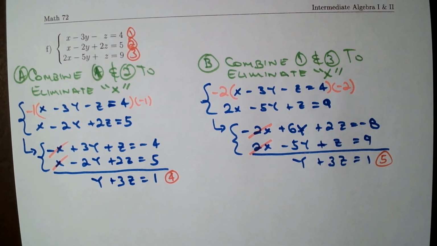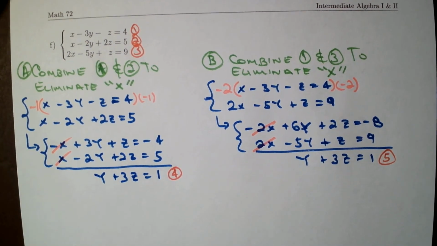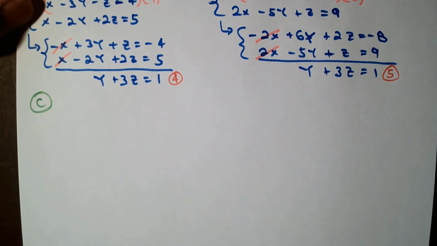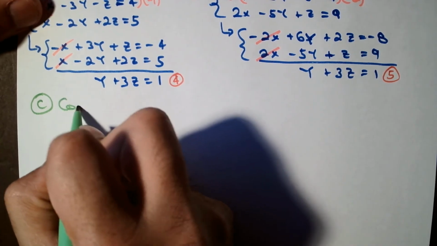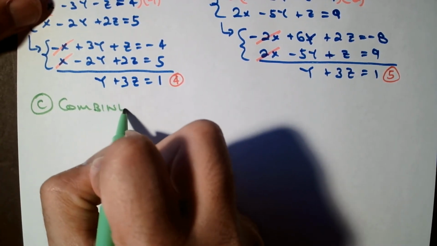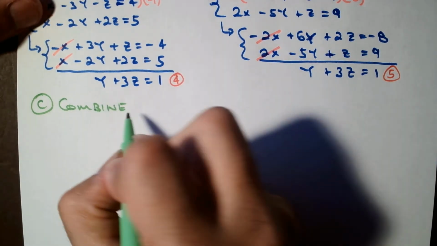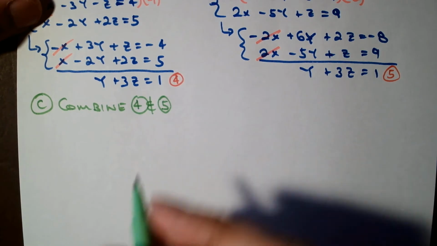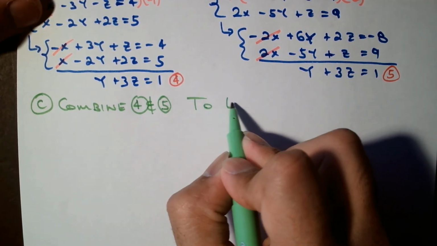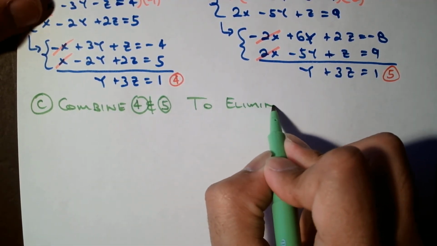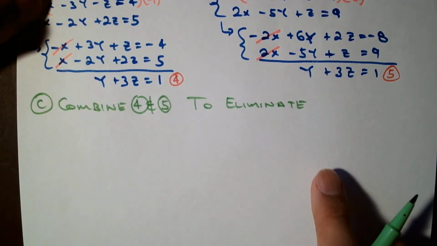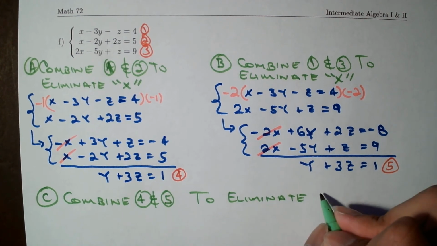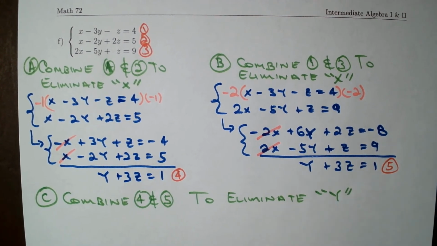So what are we going to do for part C? For part C, combine 4 and 5 to eliminate, well, we already got rid of x in the first couple of combinations, and now what we're going to do is eliminate y.